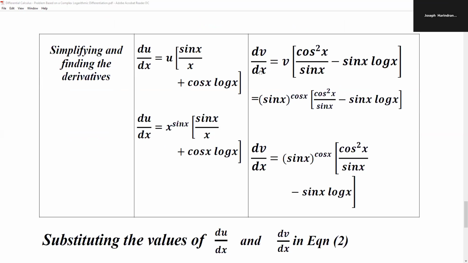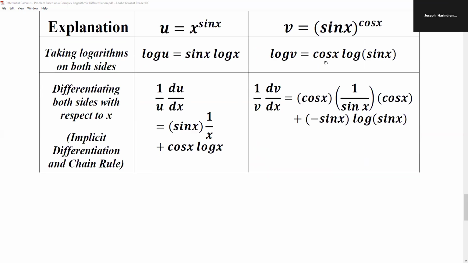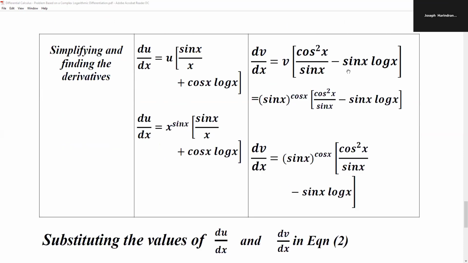So dv by dx, we want only dv by dx. So dv by dx on the left-hand side is equal to v into cos squared x, because cos x into cos x, so cos squared x by sin x, minus sin x log sin x.